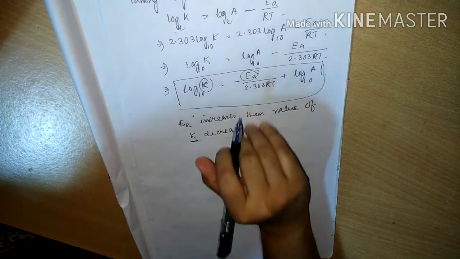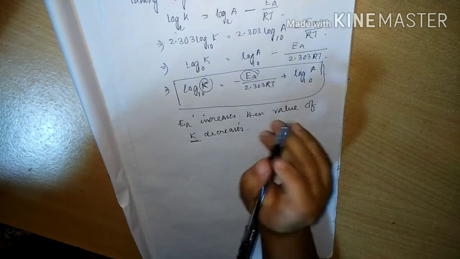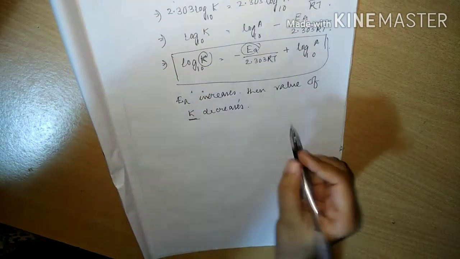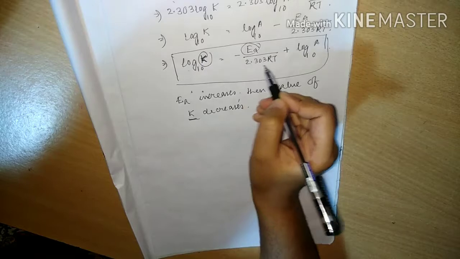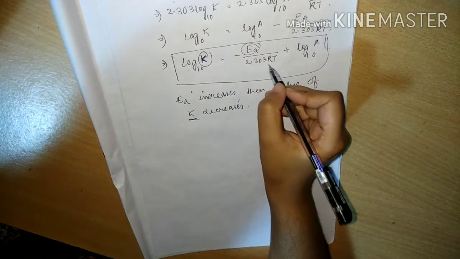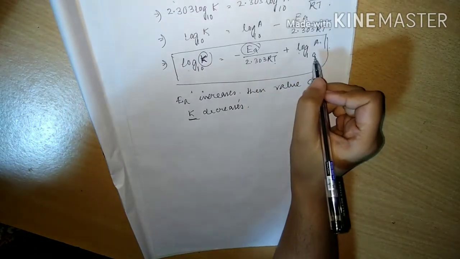Now, how is activation energy calculated? Consider this equation: log K base 10 equals minus EA by 2.303 RT plus log A base 10.